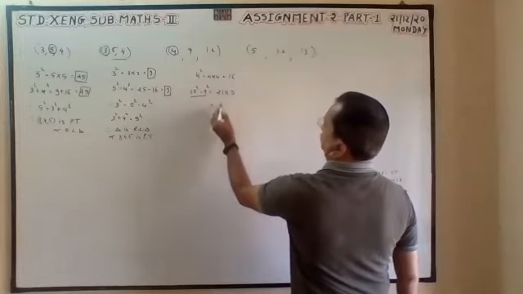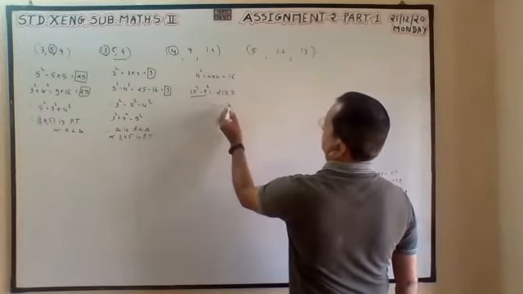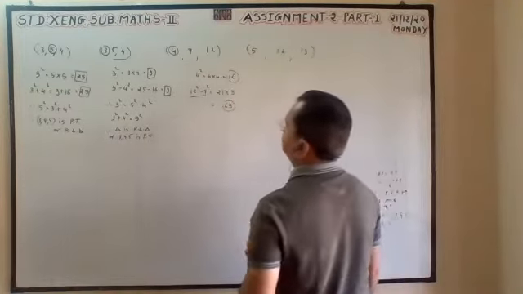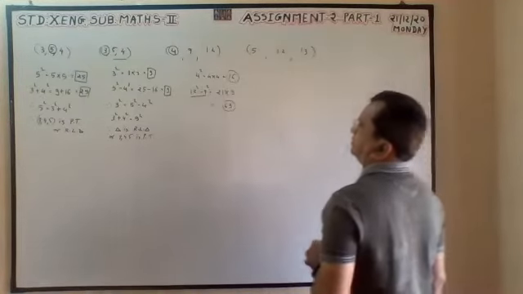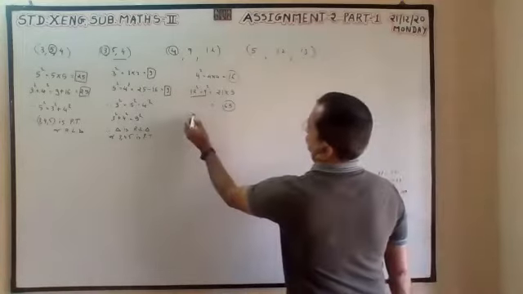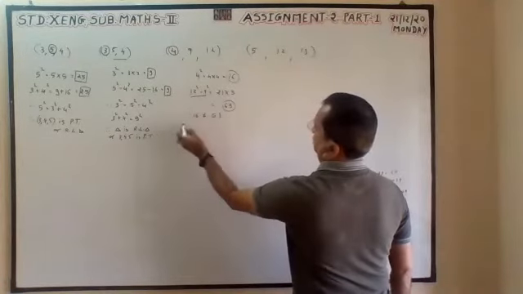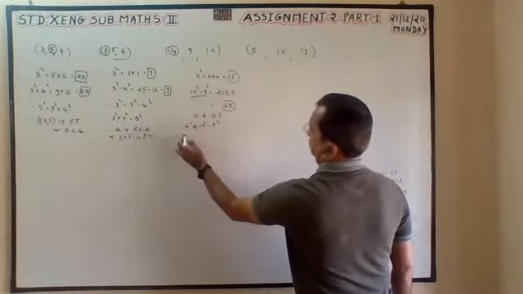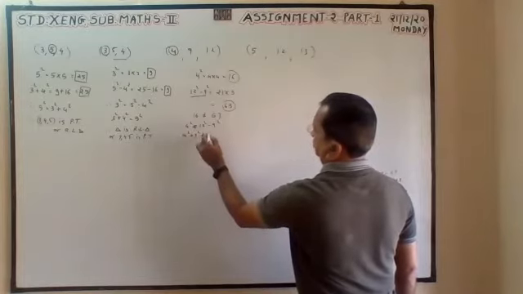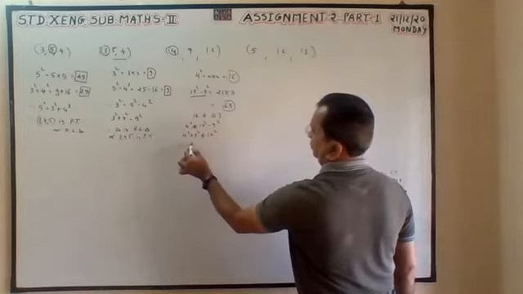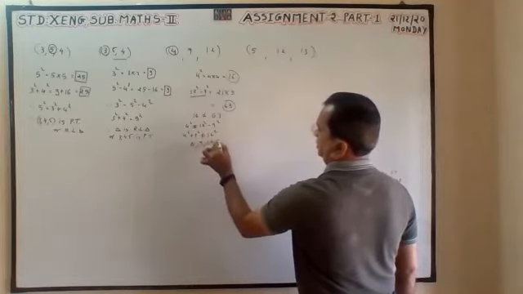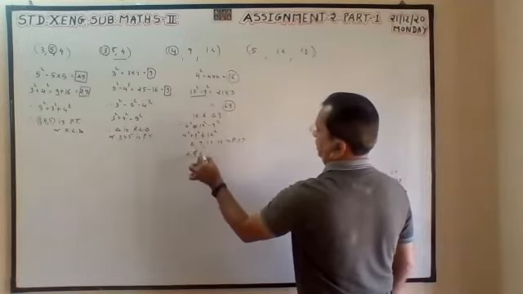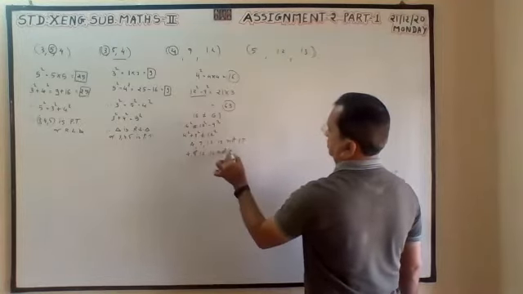So 21 times 3. Correct? So 16 is not equal to 63. This and this are not equal. Therefore, 4 square is not equal to 12 square minus 9 square. Therefore, 4 square plus 9 square is not equal to 12 square. Therefore, 4, 9, 12 is not a Pythagorean triplet. 4, 9, 12 is not a right angle triangle.